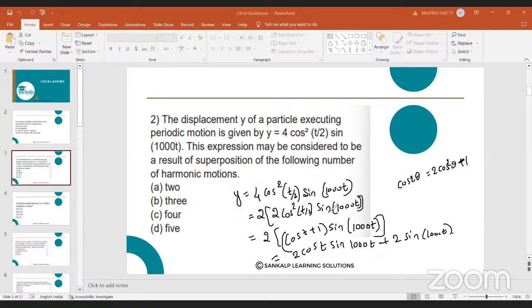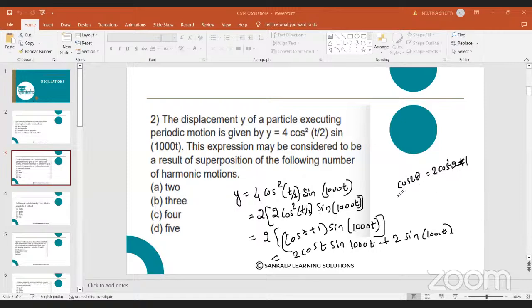This is what is given in the question, which we have rearranged and written. So here 2 cos square t by 2 is there. According to your trigonometric identity, cos 2 theta is 2 cos square theta minus 1. Here for half angle, because we have t by 2, it becomes theta by 2.